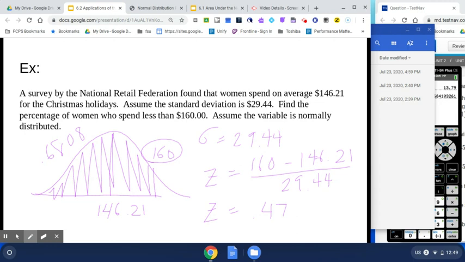That is the area to the left, which is exactly the shaded region that I want. So there's no additional steps that I need to do in order to find the probability. If we wanted to, we could round that to a percentage. So 68.08% of women spend less than $160 for the Christmas holiday.